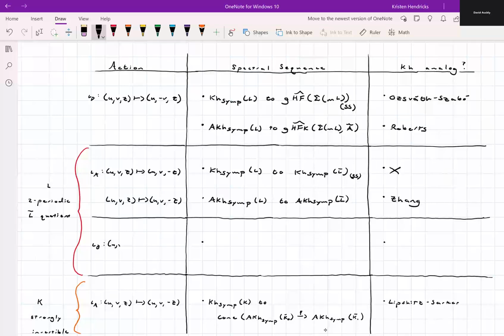But if you consider a different action on the symplectic Khovanov homology, then you get the thing that corresponds to the action on combinatorial Khovanov homology.